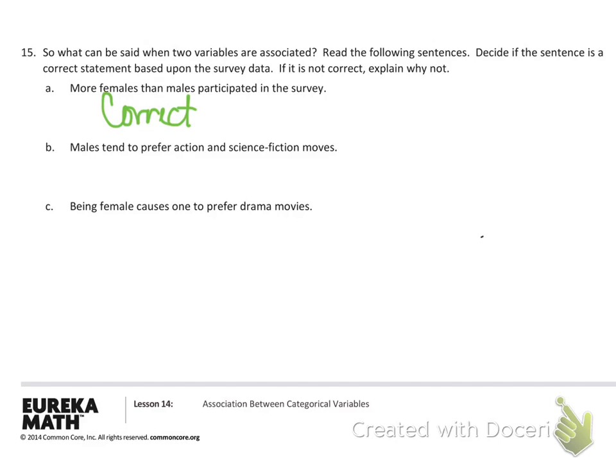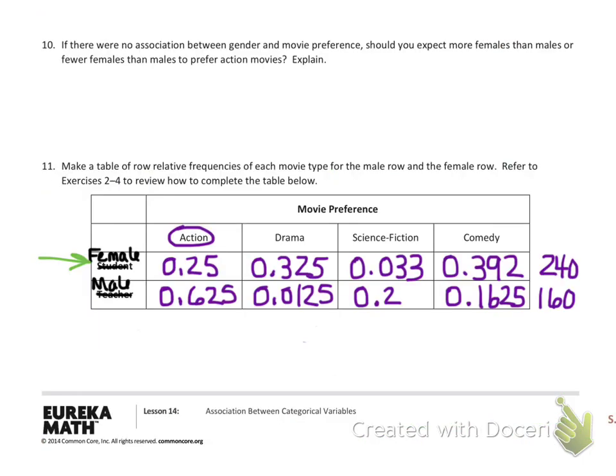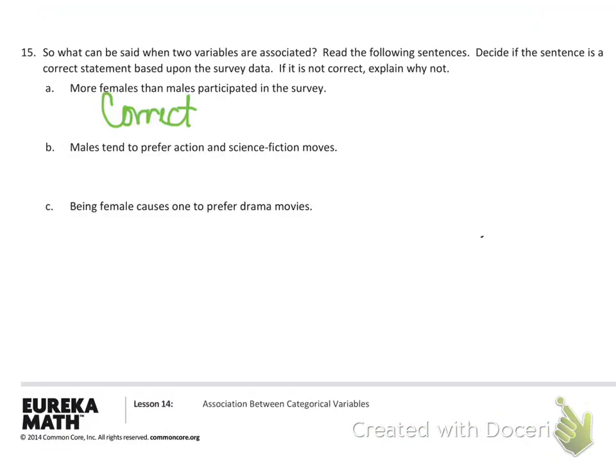Males tend to prefer action and science fiction. Well, let's look back and see. Males tend to prefer action and science fiction. Those were the two highest relative frequencies on our table. So that is correct.